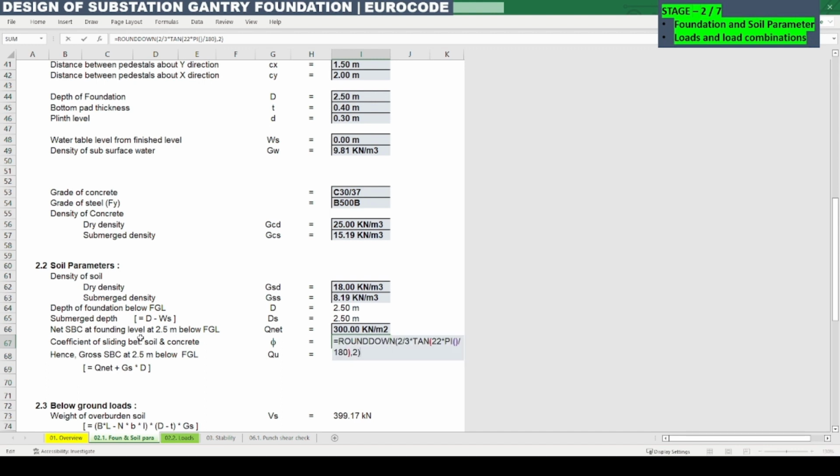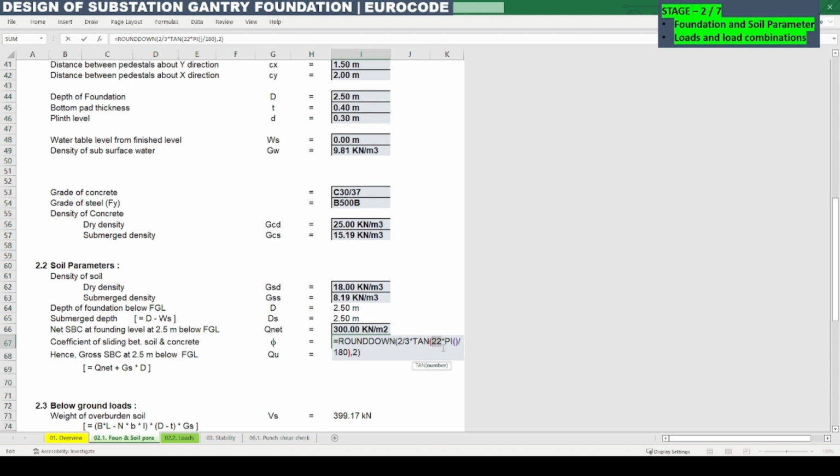Generally, this can be arrived from the geotechnical report. Instead of giving the direct value of coefficient of sliding between soil and concrete, the report will provide the angle of internal friction. That angle of internal friction is nothing but this 22 as mentioned here.